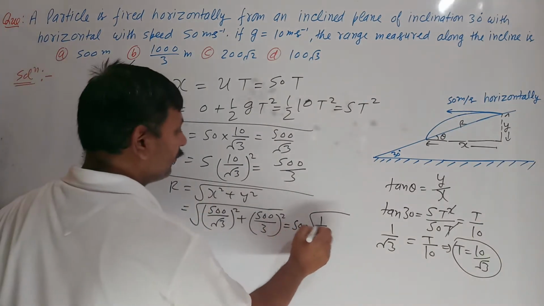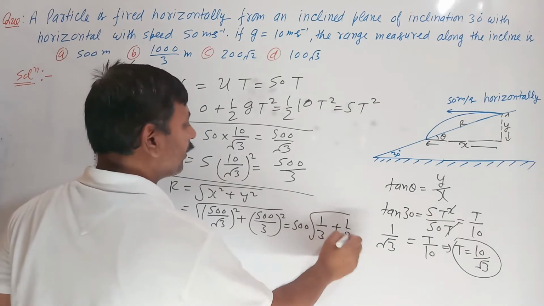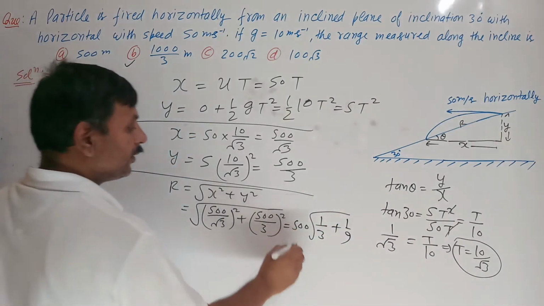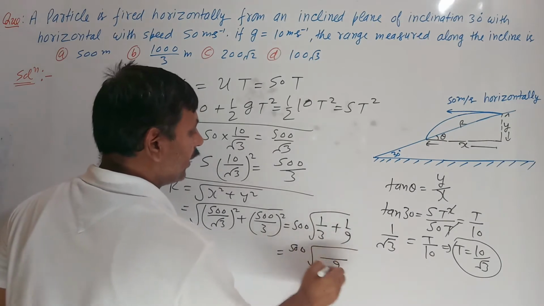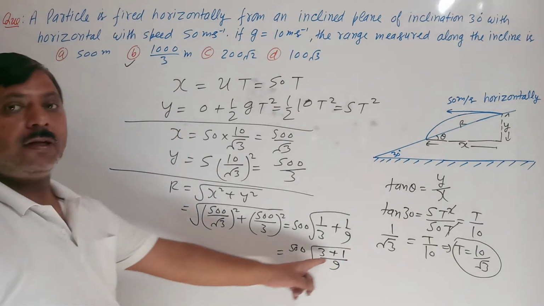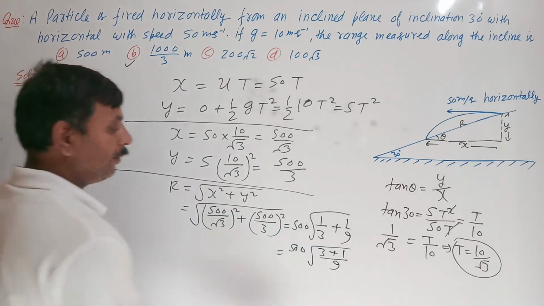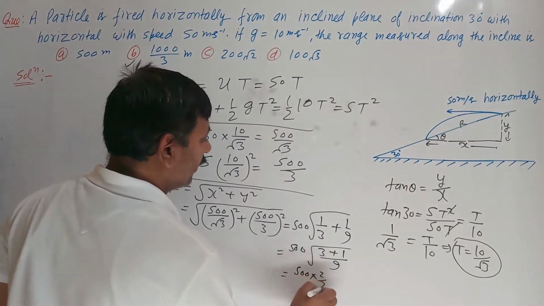The remaining is 1 upon 3 plus 1 upon 9, simplify, 3 threes are 9, 3 plus 1, 4 upon 9, that will be 500 into 2 upon 3.